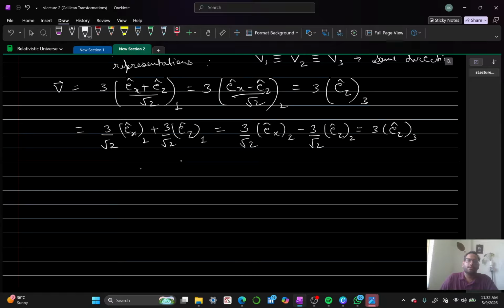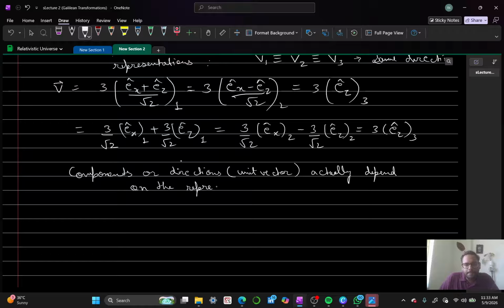So what did you notice? Components or directions, say unit vectors, actually depend on the representations.